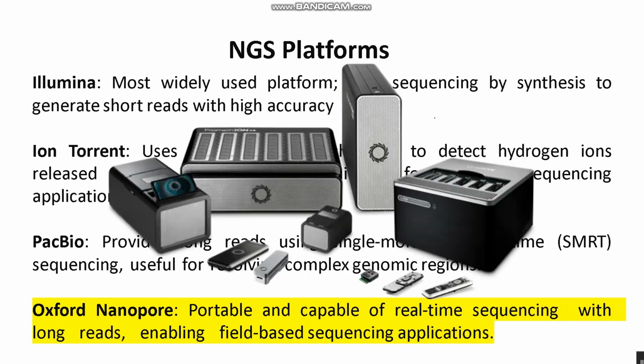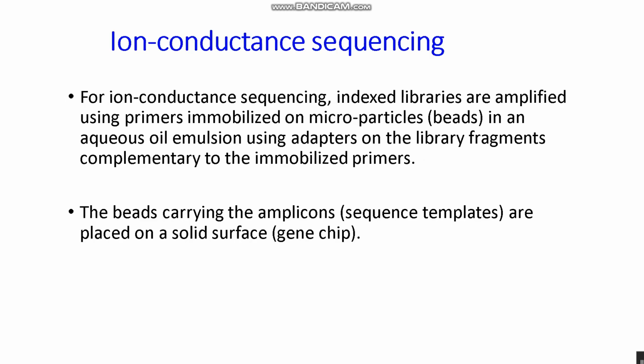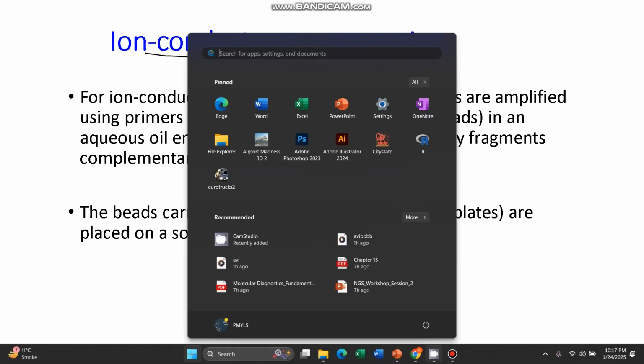This type of machine is used in Oxford Nanopore. So we talked about the ion conductance sequencing that is used by Ion Torrent.